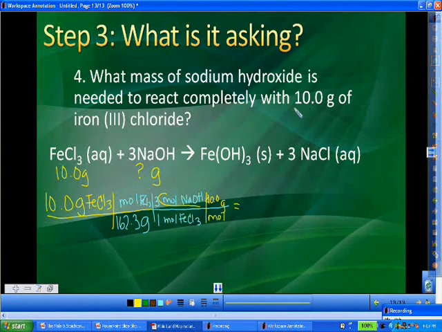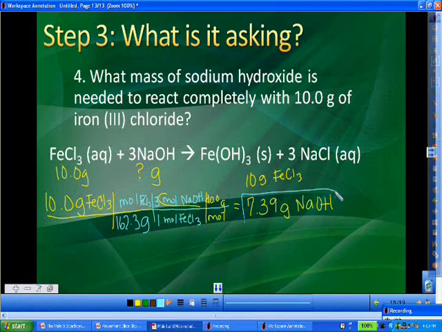Here we have 3 significant figures, and we will want our answer to have 3 significant figures as well. So you will have 7.39 grams of sodium hydroxide. So for this reaction to react completely with the 10 grams of iron 3 chloride, we have to have our answer of 7.39 grams of sodium hydroxide.